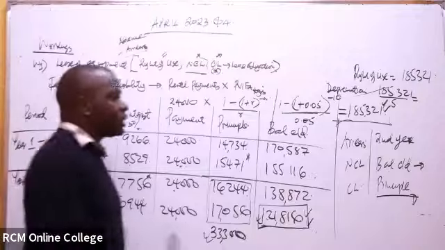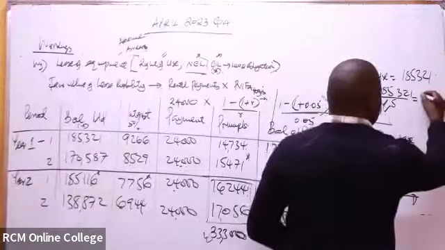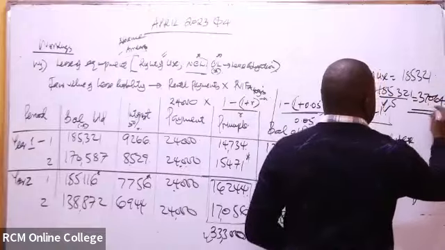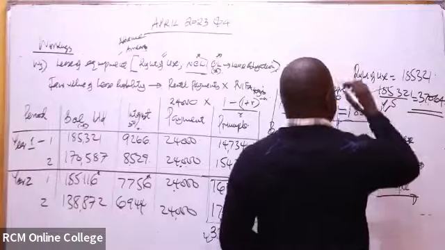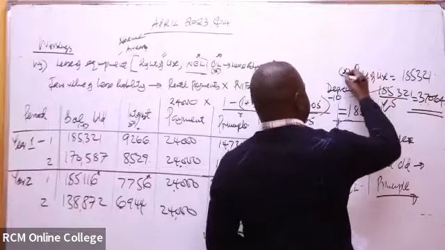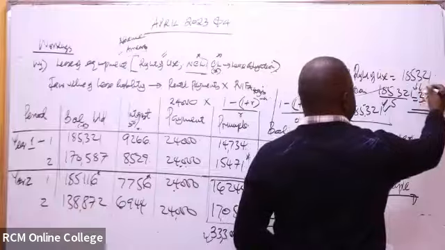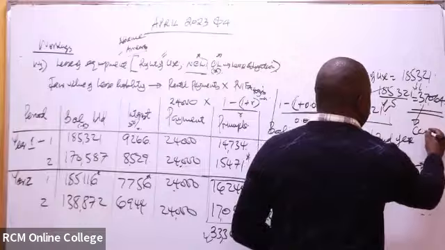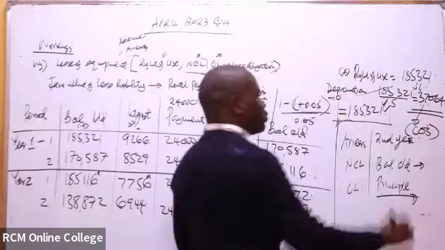So 37,064. That will be the depreciation. When you take this one to the statement of financial position, you have to less this depreciation. Then this one, as you've been told, will go to the cost of sales.